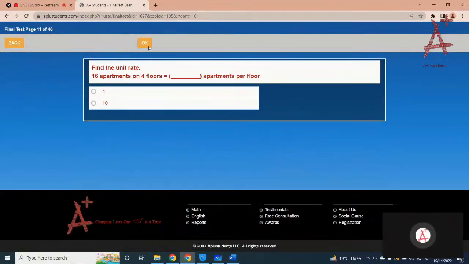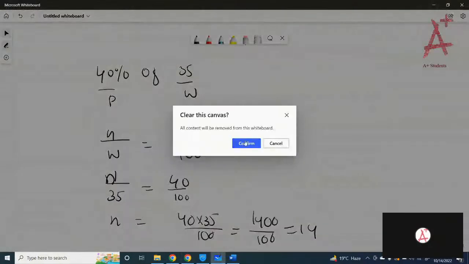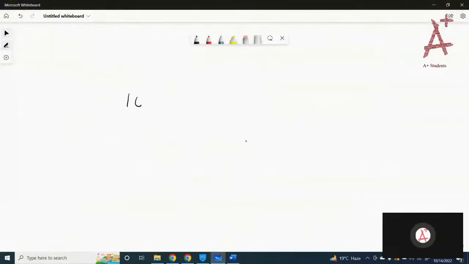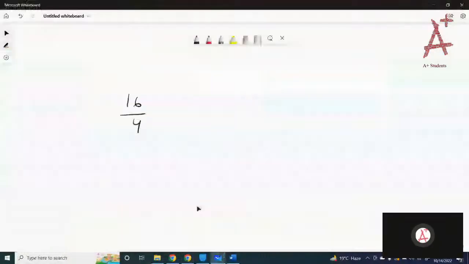Okay, the next one is, what is the unit rate? 16 apartments on 4 floors. So how many apartments do we have on one floor? 16 divided by 4 equals 4. 4 times 4 is 16.